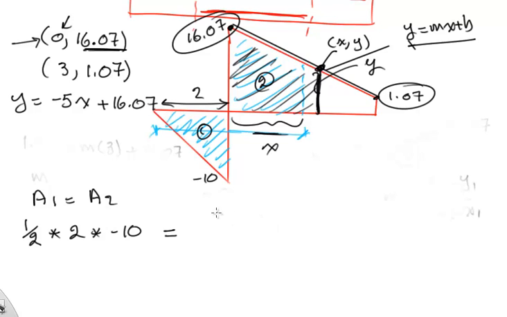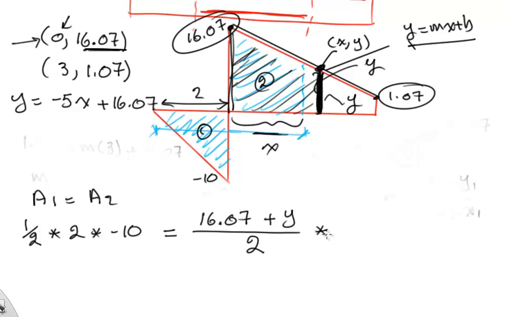It is the 16.07, this height, plus this height. This height is y. I don't know this height yet. I'm taking the average, divided by 2, then multiplying it by x, which is the base.